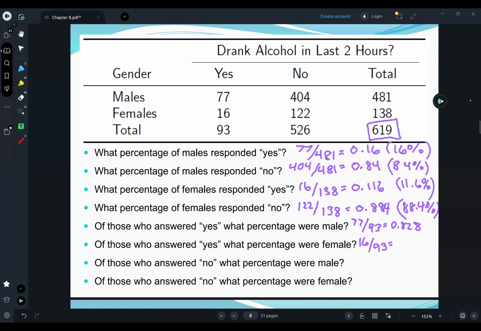Put that into the calculator and we get the proportion, which is 0.172. I'm not giving the percentage, I'm giving the proportion. If you leave it like that, it's a proportion. To convert it into the percentage, it would be 17.2%. I'm running out of space here, but the ones above it that were in brackets are the percentages, and this one is a proportion.